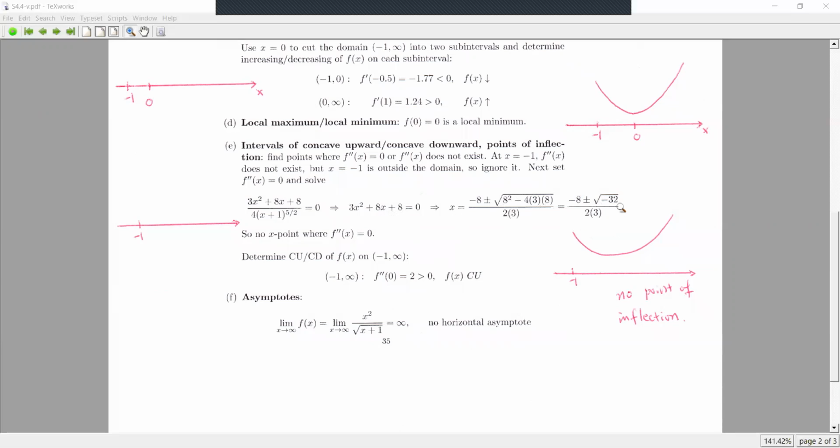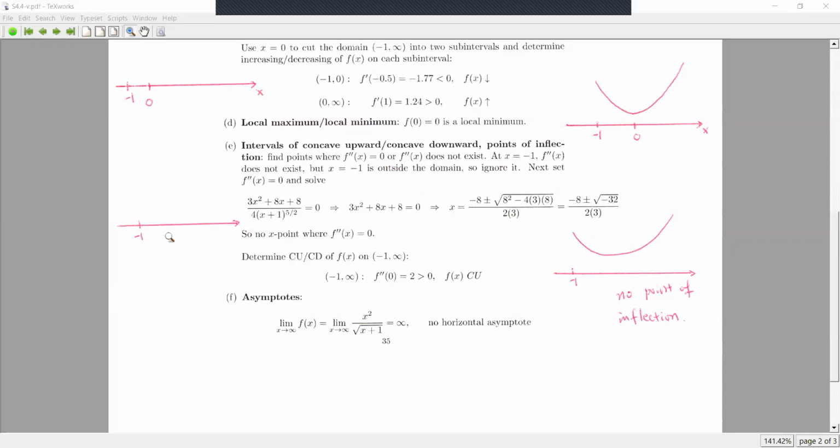Then I get this number, the square root of a negative number, which is a complex number. In calculus 1 to calculus 3, we only consider real numbers. So that means there is no x where the second derivative is 0.